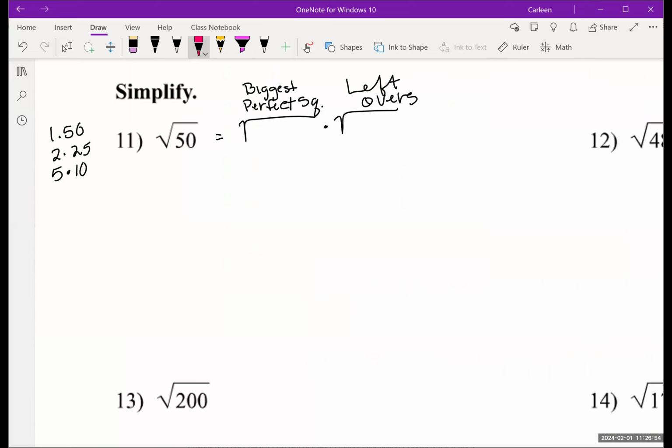Okay, split this into the biggest perfect square. So you would type square root of 50. 25 is the biggest perfect square. Square root of 25, times square root of 2, right? 25 times 2 gives me 50. Are you with me?